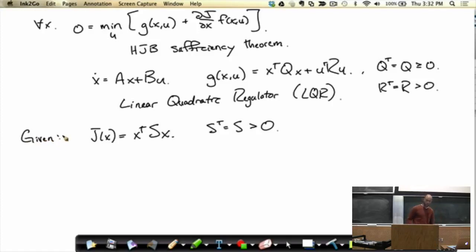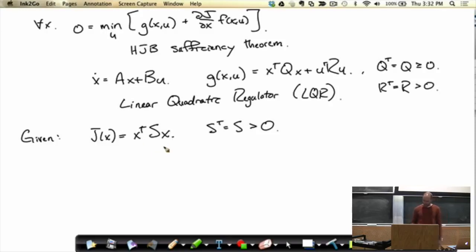Someone figured out that if you just guess J is going to have this form, now the values of S are to be solved for. But we're going to restrict it to be quadratic in S with a positive definite form. Then we're going to be able to solve this equation and prove that there is an S here that is optimal. The cost to go is quadratic.